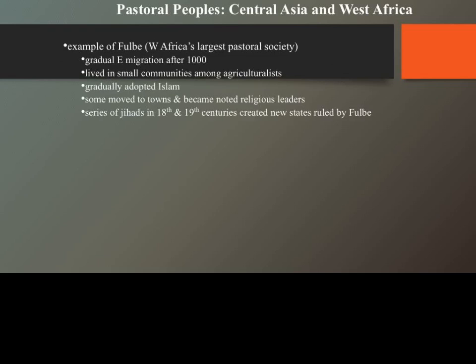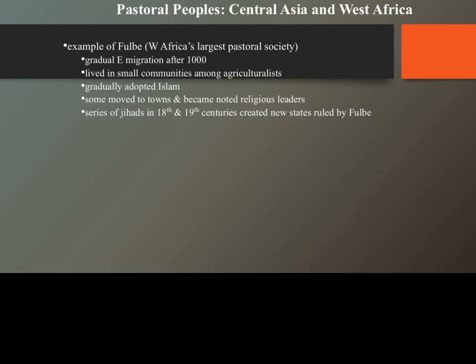And let's look at the example of the Fulbe, which is West Africa's largest pastoral society. There's a gradual eastward migration after about 1000. They usually lived in small communities among agriculturalists. They gradually adopted Islam, and some moved to towns and became noted religious leaders.